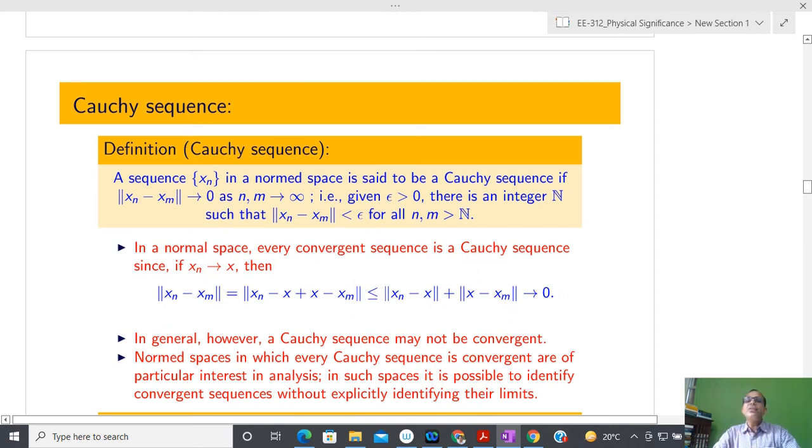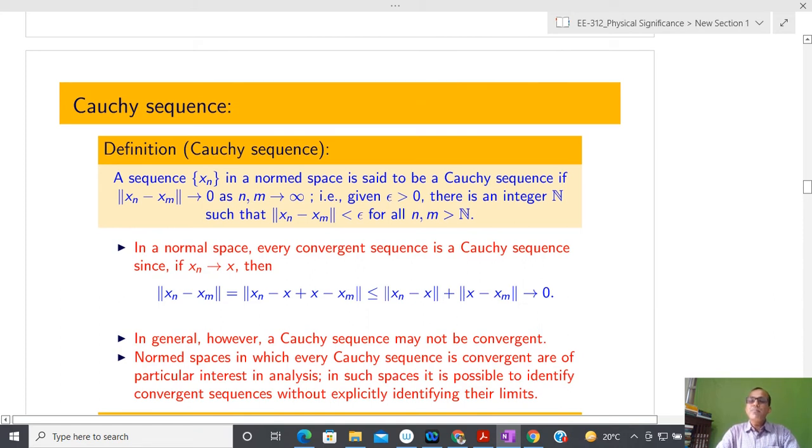You can take any norm, and every norm introduces some kind of distance in a vector space, which is called a normed linear space. After that we found that I can also talk about convergence if I have some sequence.